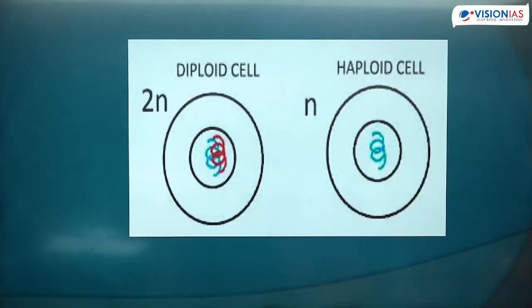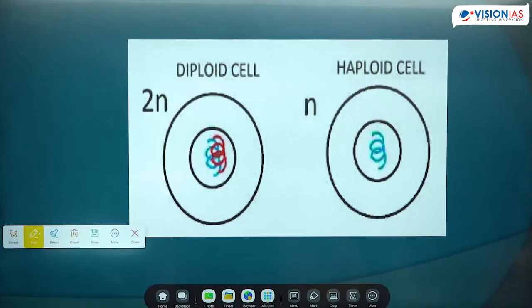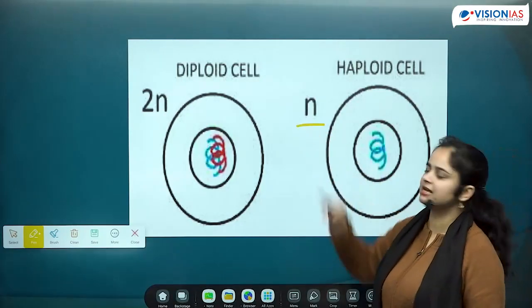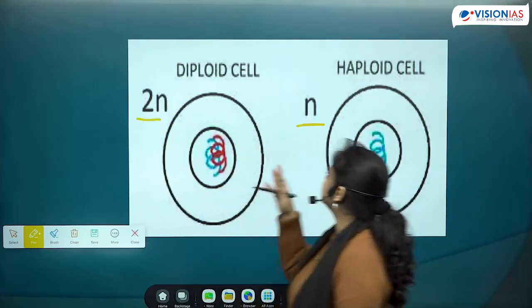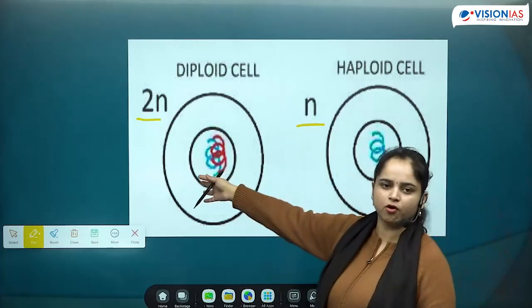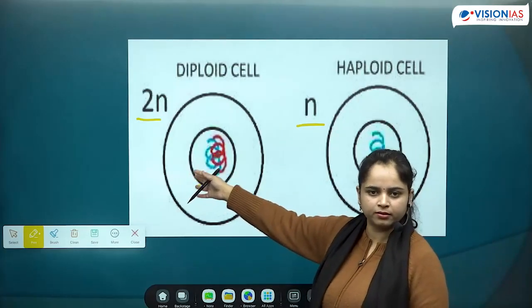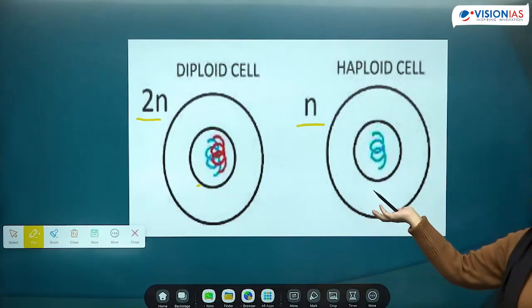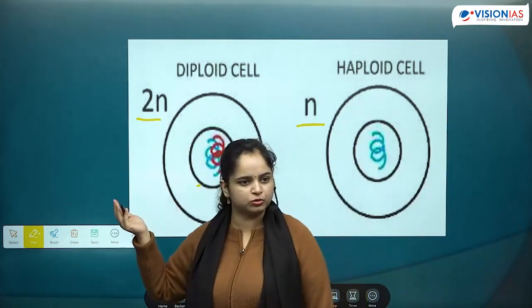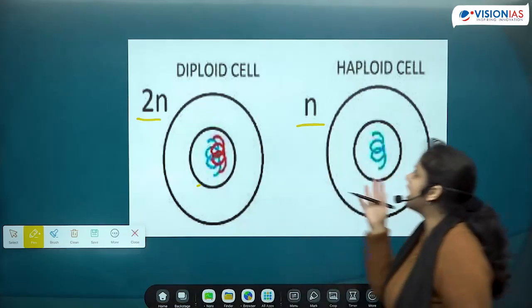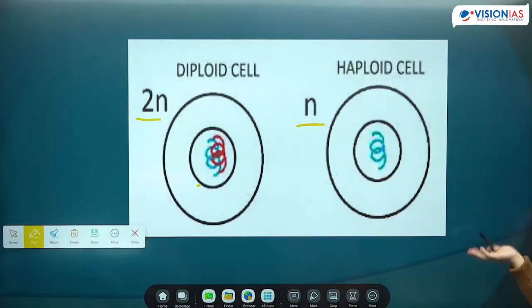We have haploid and diploid. Haploid is represented as n, diploid is represented as 2n. So basically haploid is half of diploid. Okay, half the total number. Diploid is usually the total number of chromosomes of a species, and half of that is haploid.